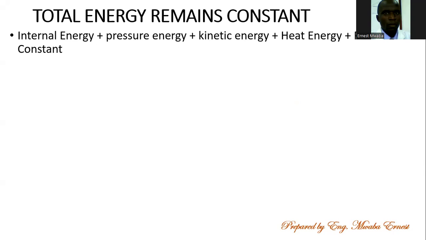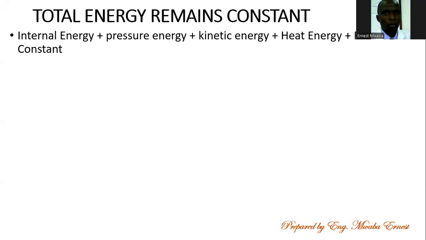We already discussed the importance of internal energy, which is the very first one here. There's also pressure energy. Basically, this is a kind of energy which could also be responsible for forcing the fluid to flow. But we will consider it as pressure energy. Then we also have the velocity energy, the energy due to the motion, that is kinetic energy.